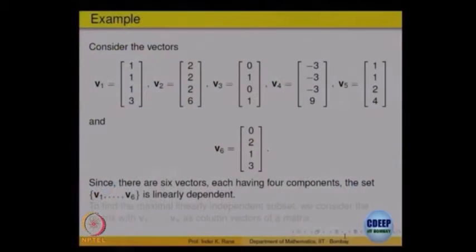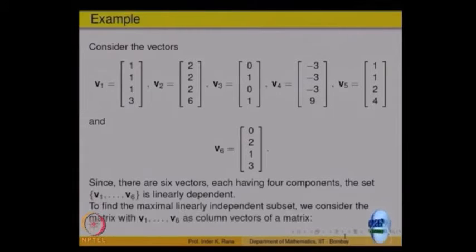Okay. So, let us look at it. These are 6 vectors each having 4 components. So, it is a linearly dependent set, obvious. So, what do we want to do? We want to find a maximal linearly independent subset. We find a part of it which is linearly independent and maximal, say 3 of them, and 4 of them will not be linearly independent, then that will form a basis.